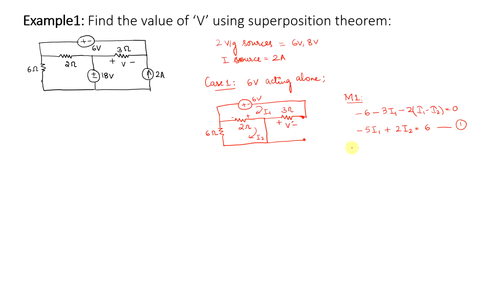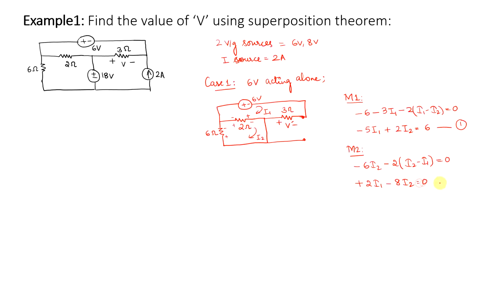When it comes to mesh 2, I can write the equation as minus 6 I2 minus 2 times, this is the dominant mesh, so (I2 minus I1), equal to 0. Rewriting, plus 2 I1 minus 8 I2 is equal to 0.